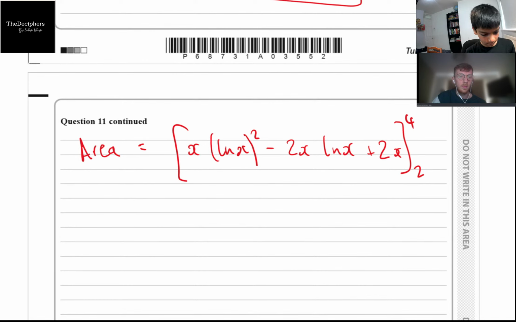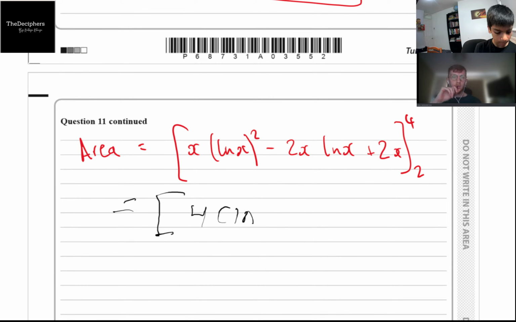So if we sub in 4, then we get 4 by ln 4 squared, remember x is 4, minus 8 ln 4 plus 8.